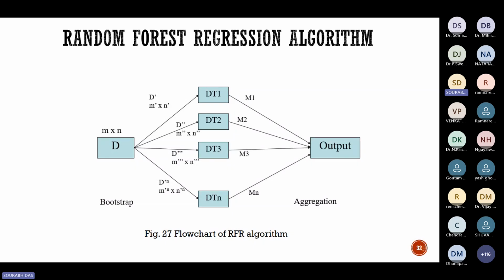Once the training is completed, each decision tree generates an SOC prediction, represented as M1, M2, up to MN. These predictions vary slightly due to the differences in the training data from the bootstrap samples.